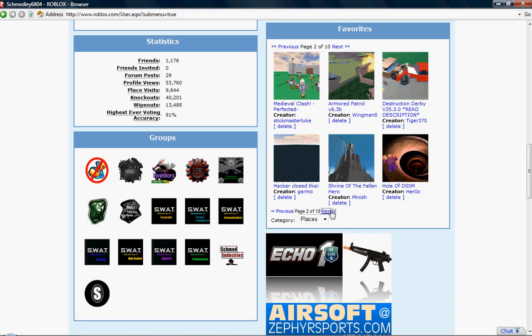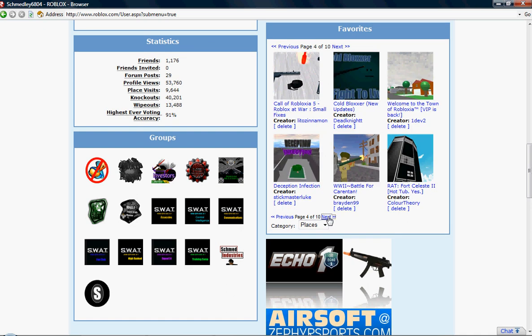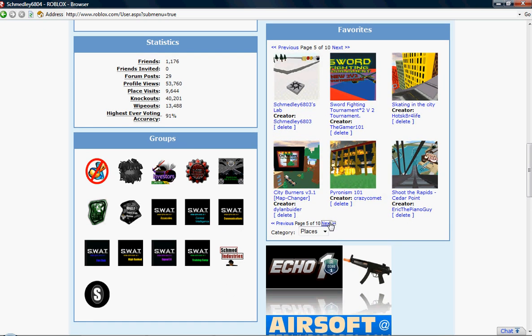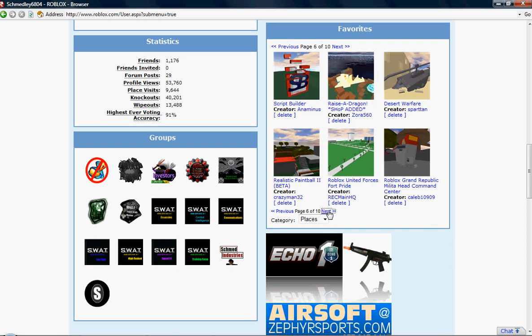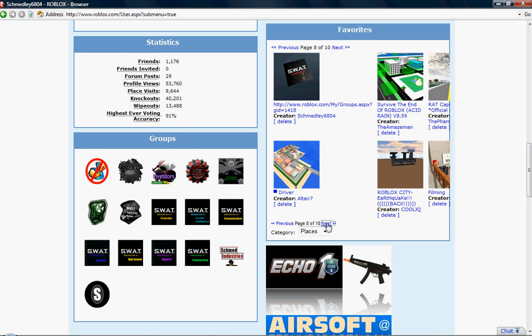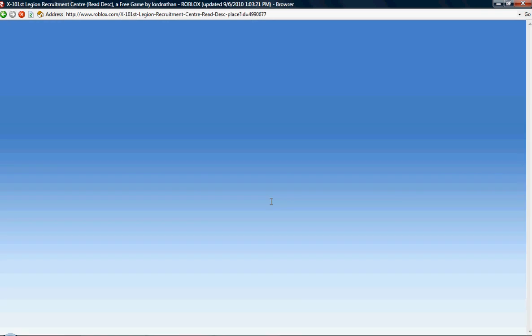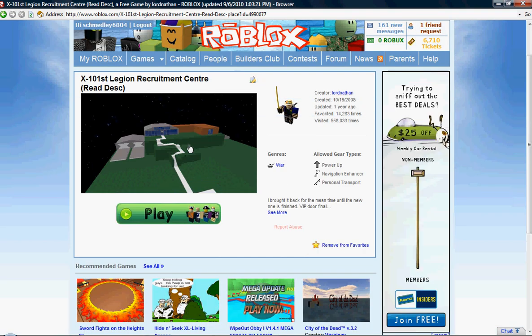I did this a lot with my clan. What we did, we went to a place called the X101 First Recruitment Center. This was shut down because their leader was banned. But you want to find an established place that you can attack a lot. This is what we attacked.